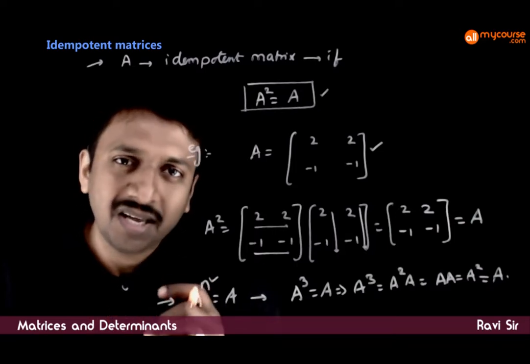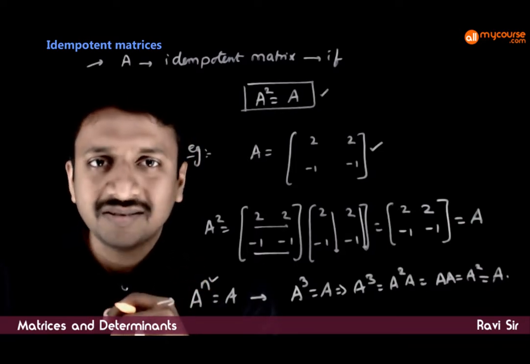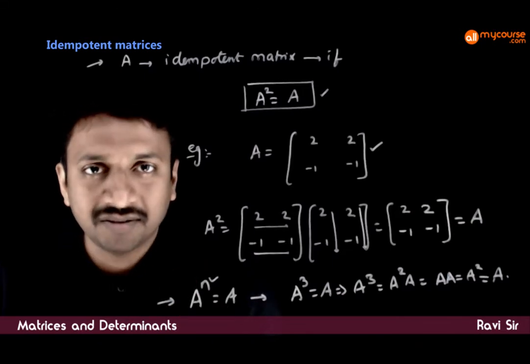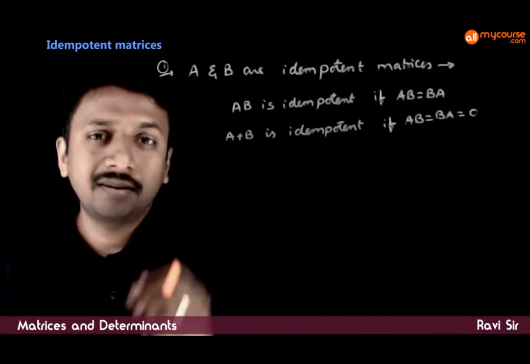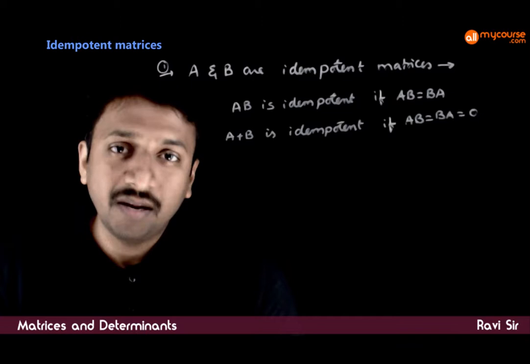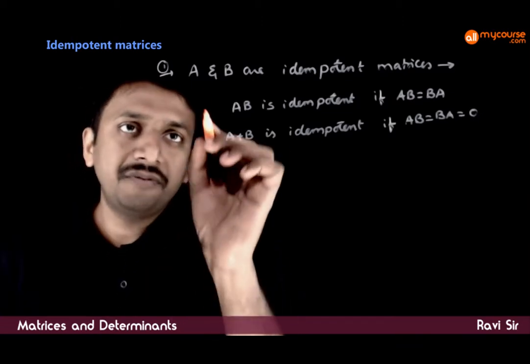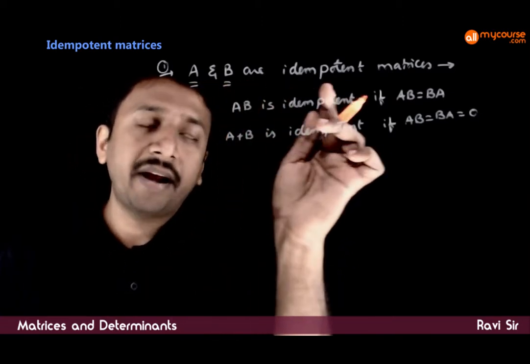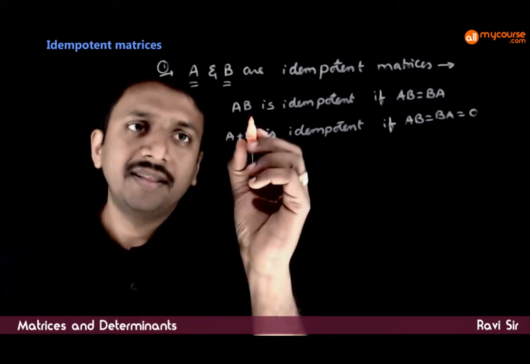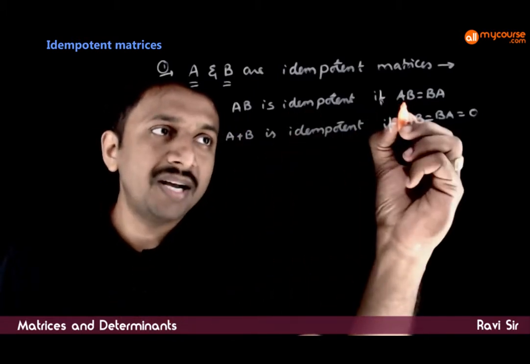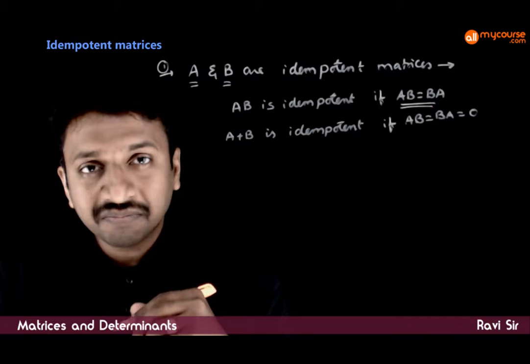Let us see some very special properties of idempotent matrices. Let us look at the first property. If A and B are idempotent matrices, then AB is idempotent if AB is equal to BA.